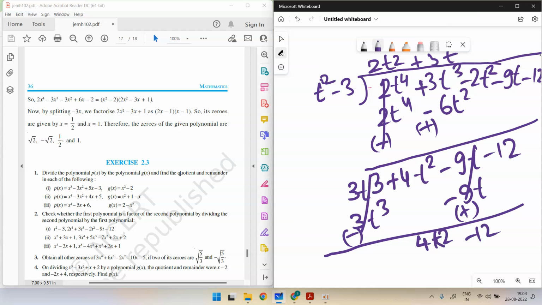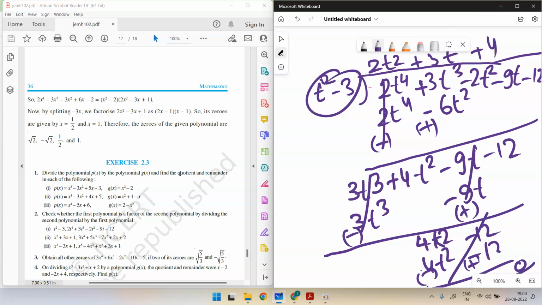Now for this you need to multiply by 4 to get 4t square, plus 4 you get 4t square minus 12. Here minus this. If you subtract this, all will get cancelled and the remainder is 0. Since the remainder is 0, t square minus 3 is a factor of the second polynomial. First polynomial is a factor of the second polynomial.